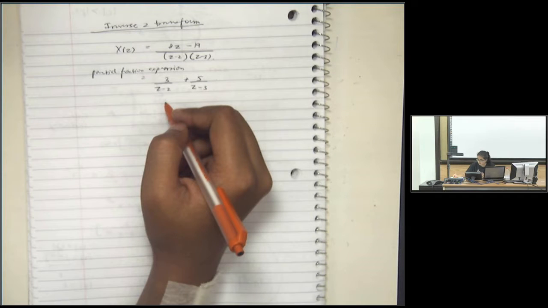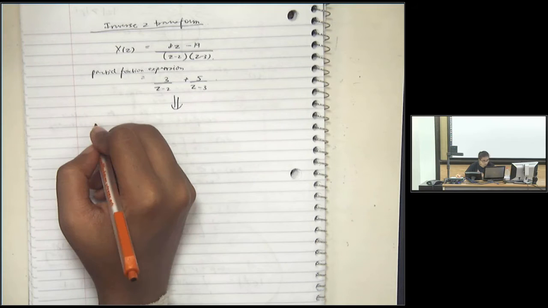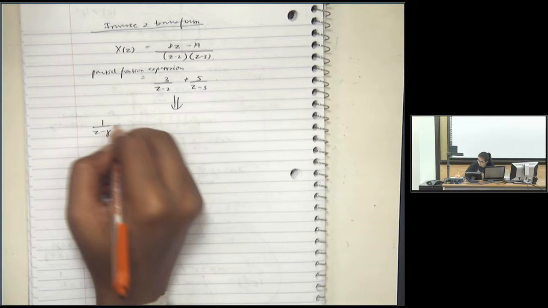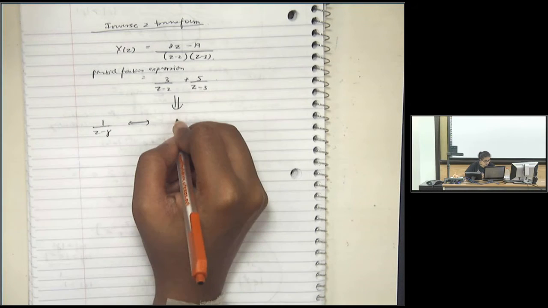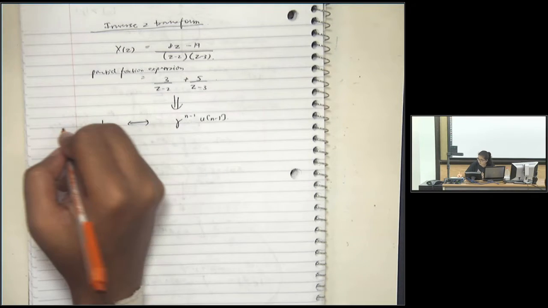Sorry. Okay, and using the transform pairs, the transform pair I'll just list down: 1 over z minus gamma results in gamma raised to power n minus 1 u of n minus 1. This is the transform pair I'm using.